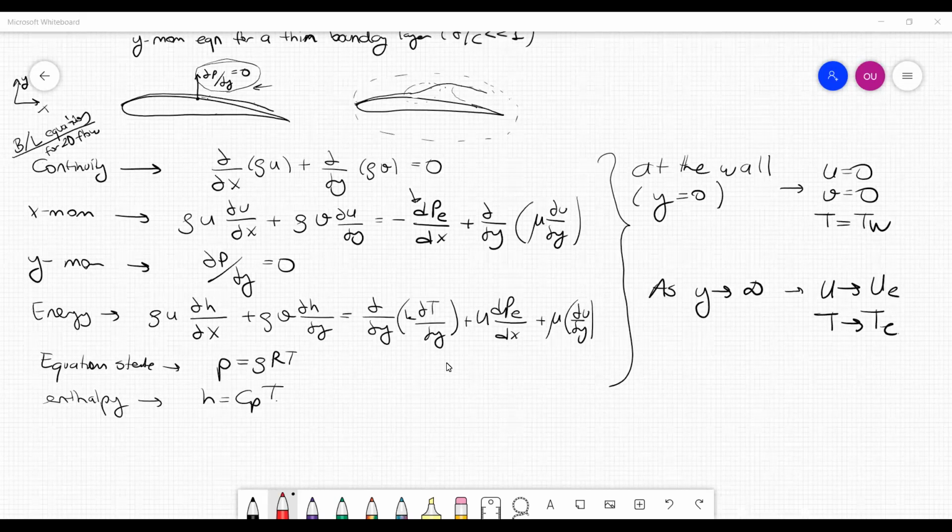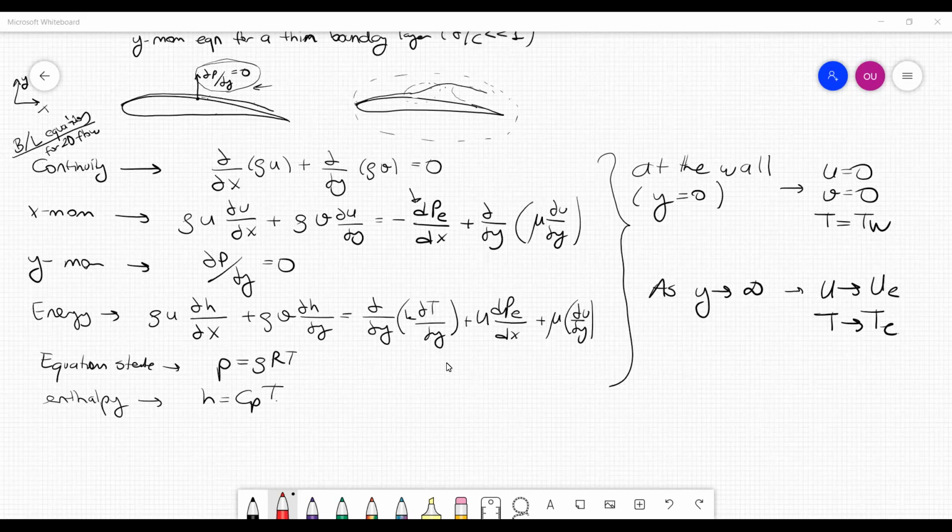So the boundary layer thickness delta, compared to the characteristic length of the solid object, like the chord of an airfoil, for example, is very small compared to C. Keeping that in mind, and working on the non-dimensionalized version of the equations, we tried to compare which terms are at the same order of magnitude, and which are at a much smaller order of magnitude.